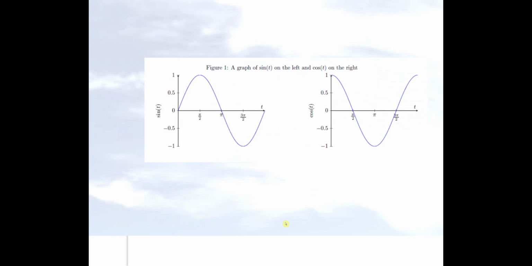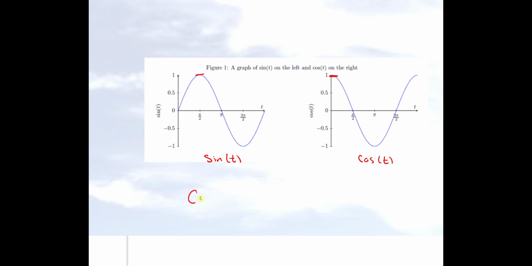So in this plot here we have the two functions, sine t on the left and cosine t on the right. Both have the same frequency, and they have the same magnitude or amplitude. So here the amplitude is 1, which makes sense because when we studied sinusoids, we know a relationship between the sine and cosine functions.